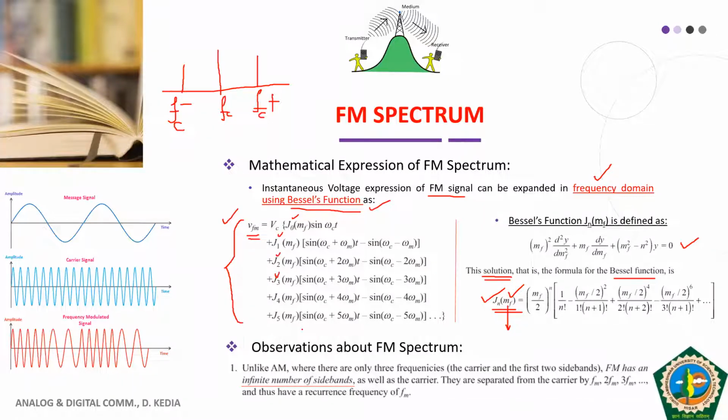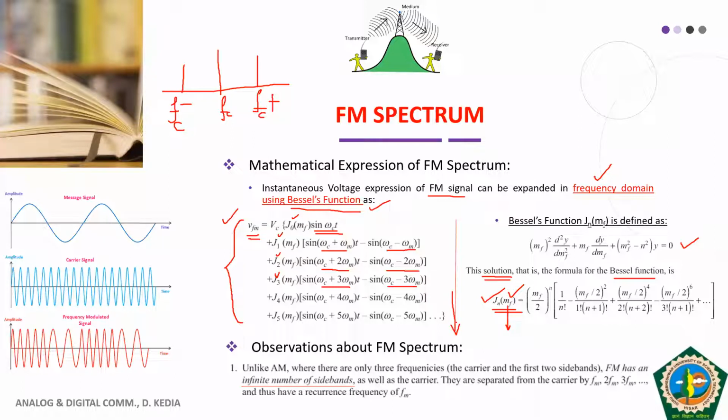If you carefully look at the frequencies associated with these coefficients, with J0, the carrier frequency is present. With J1, you have omega C plus omega m and omega C minus omega m. With J2, omega C plus 2 omega m, omega C minus 2 omega m. With J3, omega C plus 3 omega m, omega C minus 3 omega m, and so on.